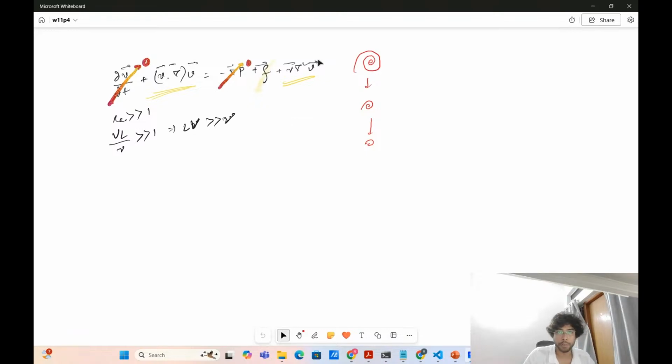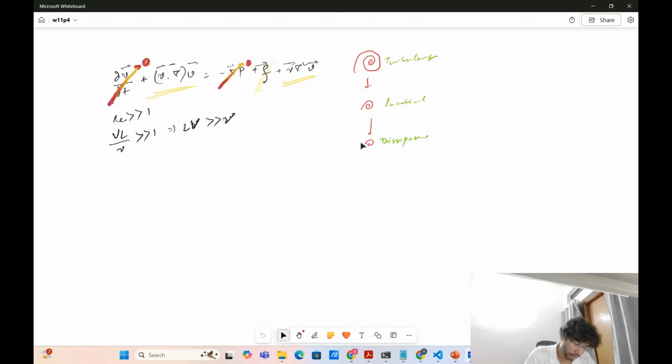But when nu starts dominating, the turbulence will dissipate. So this is the dissipative regime. This is, you can call it, the inertial regime. This is the turbulent regime. Okay.